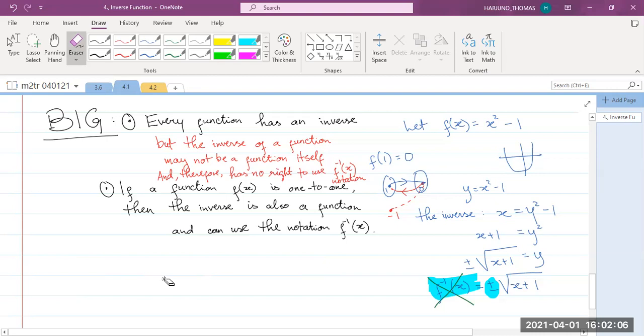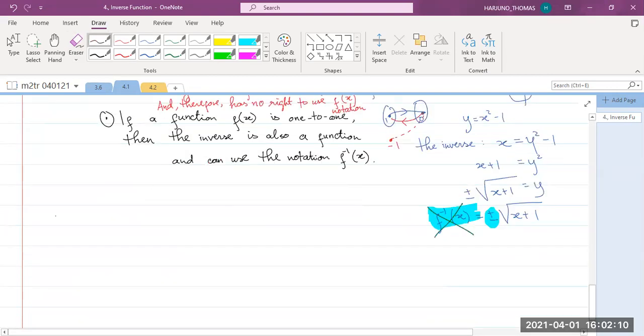Now, next, how to find the inverse of a function. If a function f(x) is one-to-one, then the inverse is also a function.